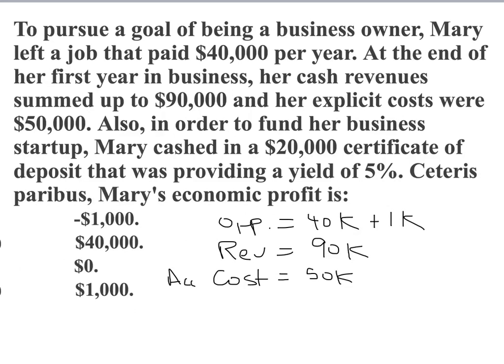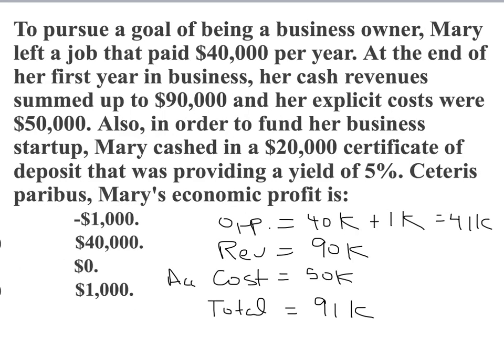So let's see where we have now. We have an opportunity cost of 41,000, and we have a revenue of 90,000, and we have an accounting cost of 50,000. So based on this, it looks like the total cost comes to about 91,000.